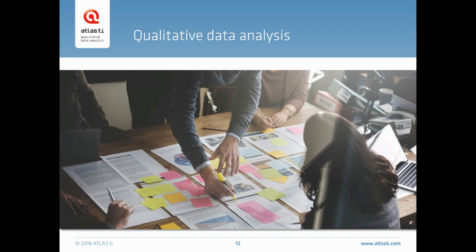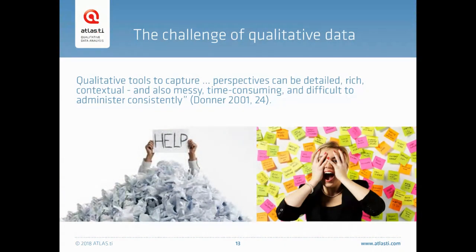This looks very neat, but what can happen is that it can end up in something like this, because it's not so easy to analyze this very rich, detailed, and contextual data. It can give you a lot of information because all this detail and richness and context are actually very important for getting a deep and insightful answer to your research question.